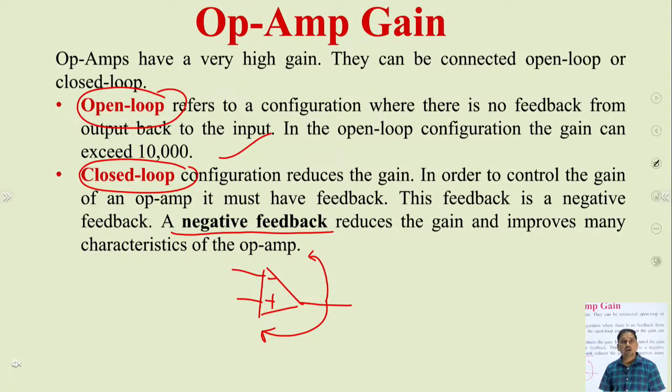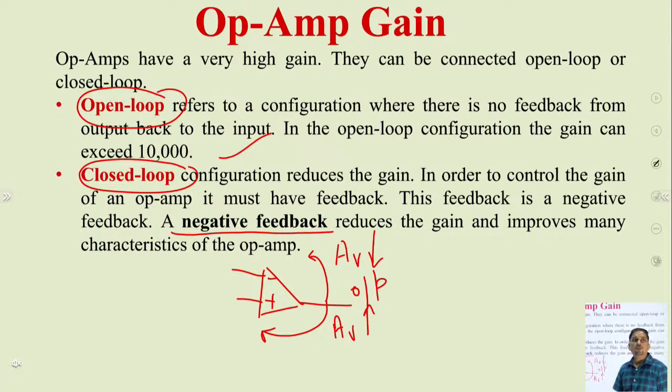The examples are amplifiers. Whereas if we take the output and feed it back at the positive input of the operational amplifier, this is called positive feedback. Positive feedback basically increases the gain of the op-amp, whereas in negative feedback the gain reduces.